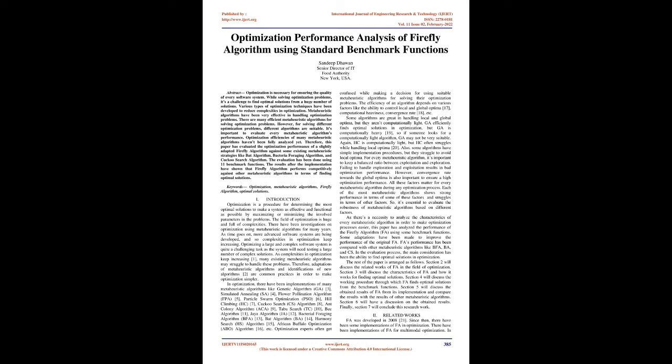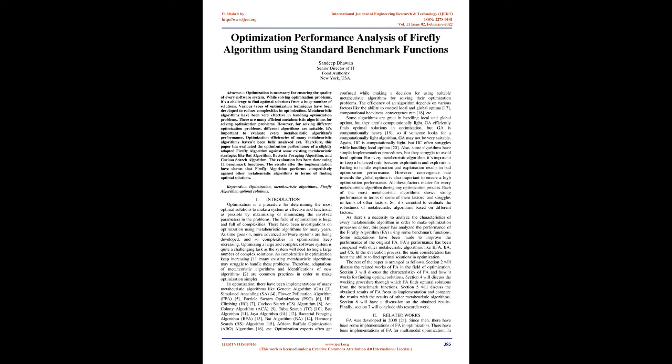The efficiency of an algorithm depends on various factors like the ability to control local and global optima 17, computational heaviness, convergence rate 18, etc. Some algorithms are great in handling local and global optima, but they aren't computationally light.